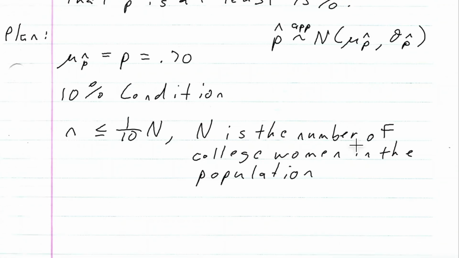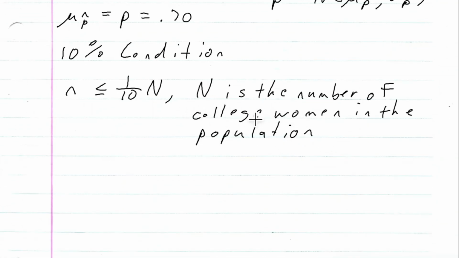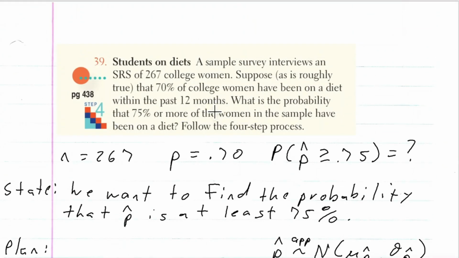That's going to be a huge number. So remember, our little n was 267, which should be less than or equal to a tenth of the number of college women in the population, which was just college women in general.